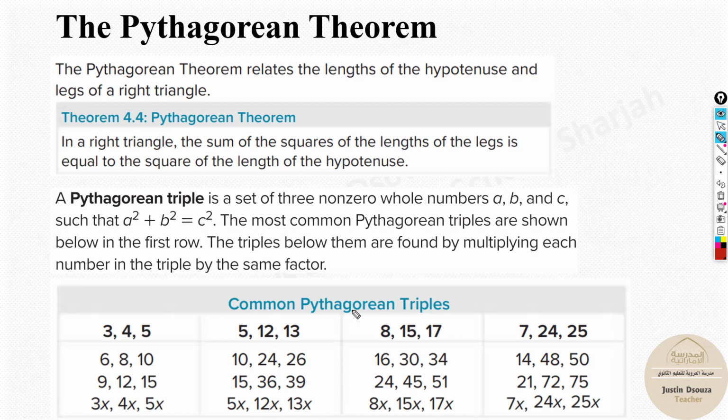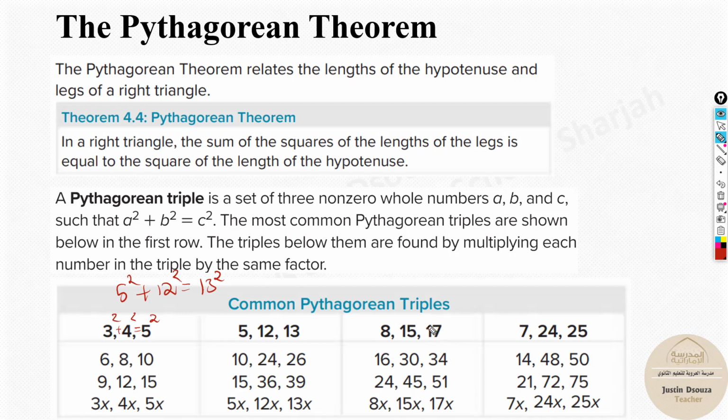If I use the Pythagoras theorem, 5 squared plus 12 squared is equal to 13 squared. So this is a Pythagorean triple. Here also, 3 squared plus 4 squared: 3 squared is 9, 4 squared is 16. Add them up, it will be 25. That is 5 squared.